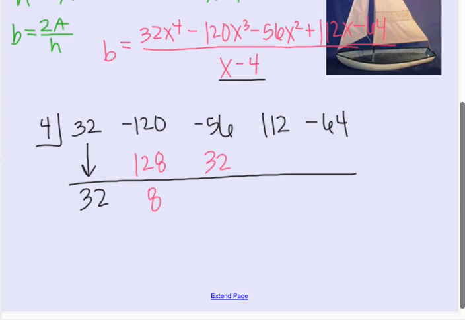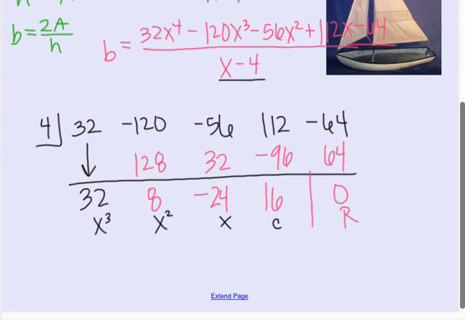Negative 56 plus 32 is negative 24. 4 times negative 24 is negative 96. 112 plus negative 96 is 16. 4 times 16 is 64. Add those together, I get a remainder of 0. My constant is 16, x is negative 24, x squared is 8, and my x to the third is 32.